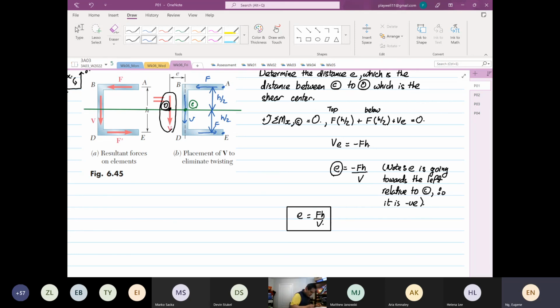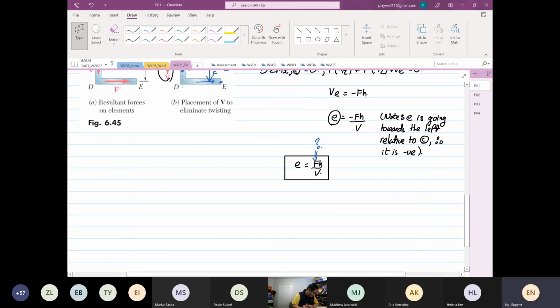Right. So now the thing is, how do we determine F? How do we determine F? To determine F, there are two ways.